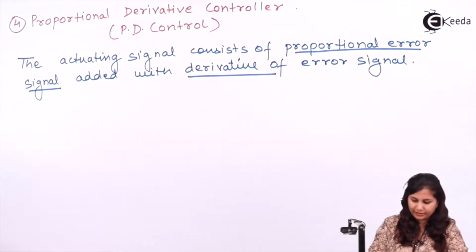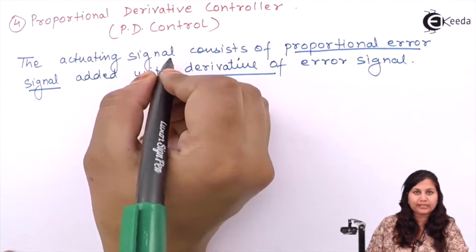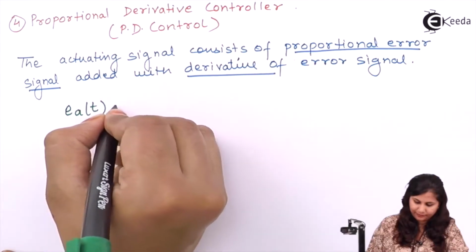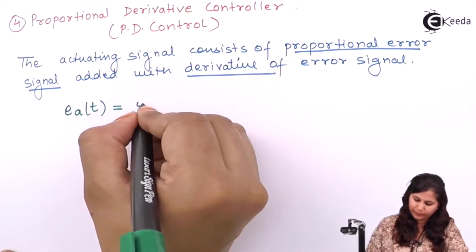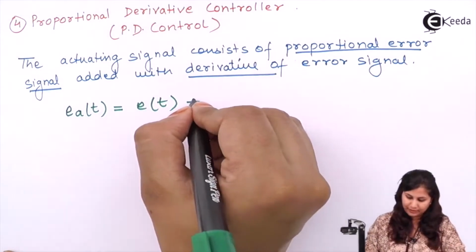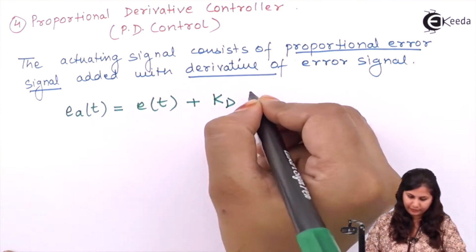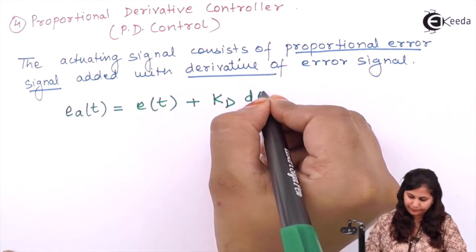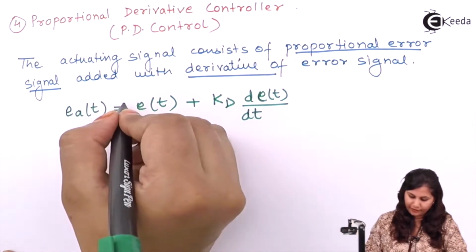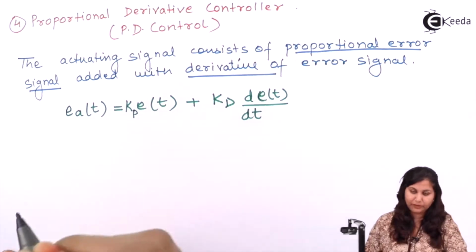If we write the actuating signal, then ea(t) is equal to the proportional error signal, Kp e(t), plus the derivative term Kd de(t)/dt.